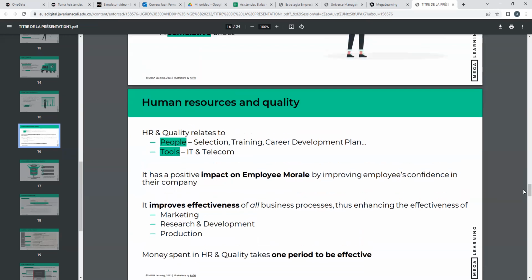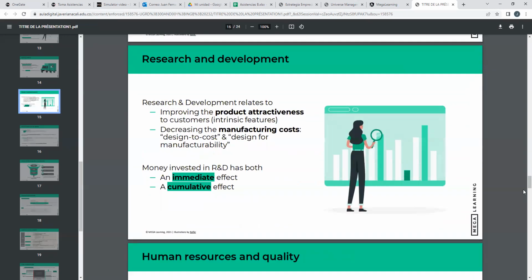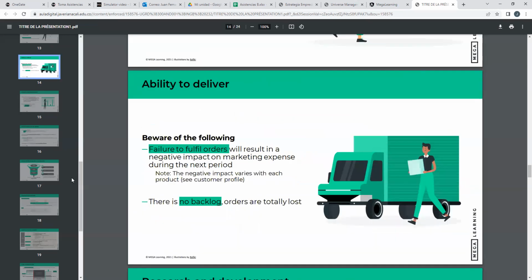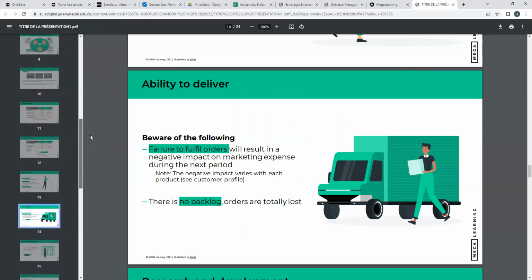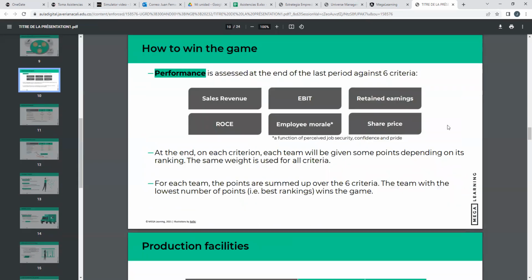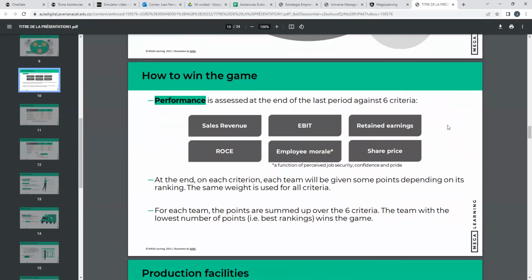And finally, let's remember that you guys are being evaluated with 6 indicators of performance, which are sales revenue, EBIT, retained earnings, return on capital expenditure, employee morale, and the price of the stock.